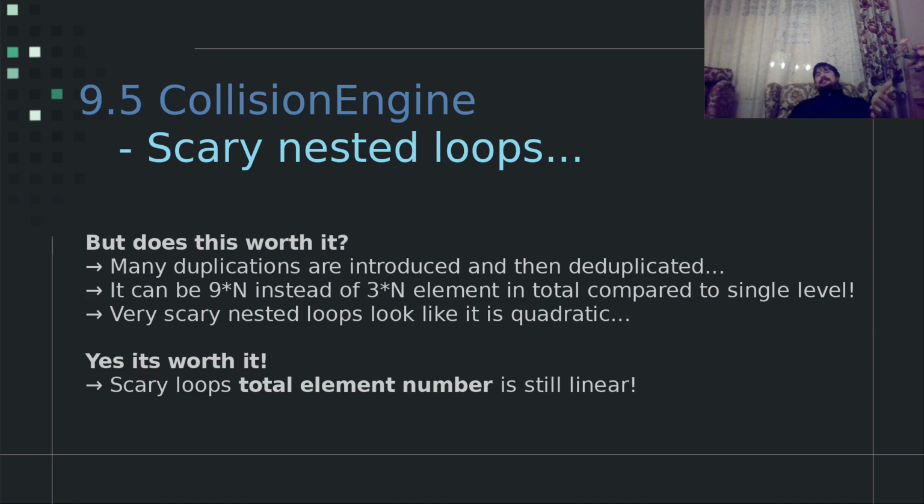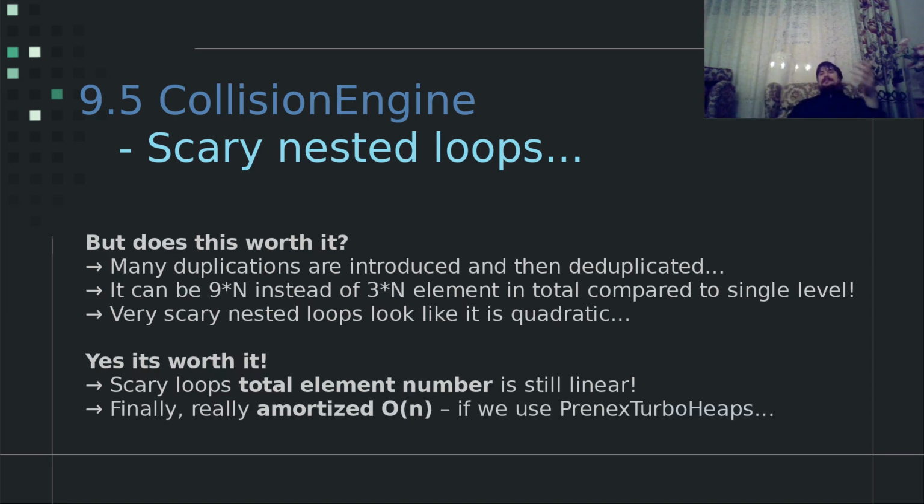Despite any scary loops in the code and how scary they will look, for the total element number we can have an upper bound, and it will be linear. It will be, of course, amortized linear. There are worst cases when this is actually the worst case, yeah. And we will talk about that. And finally, we have the amortized linear time if we use Prenex Turbo Heaps.